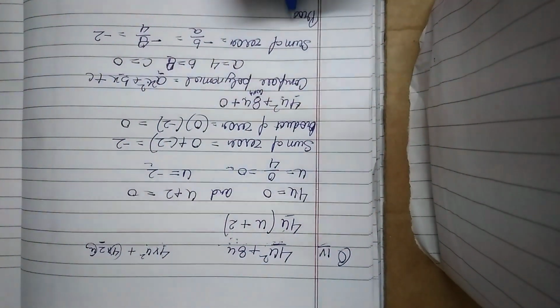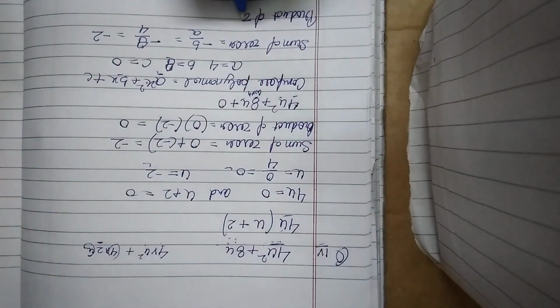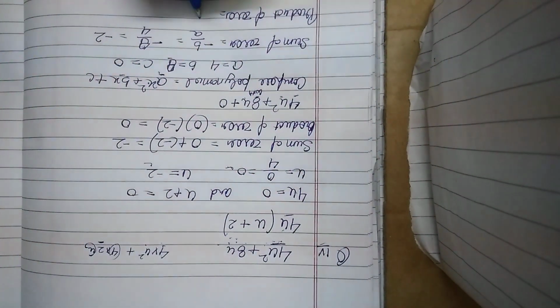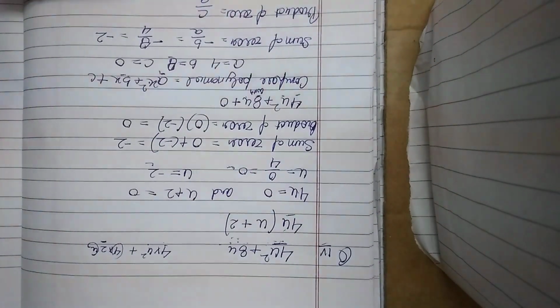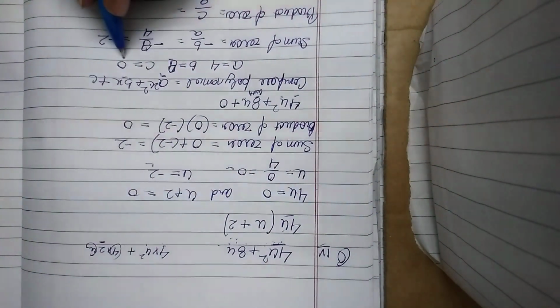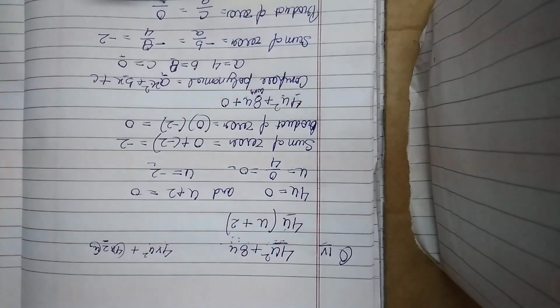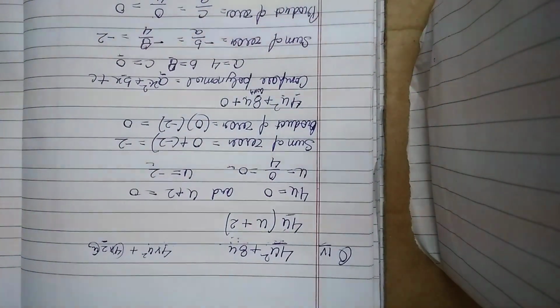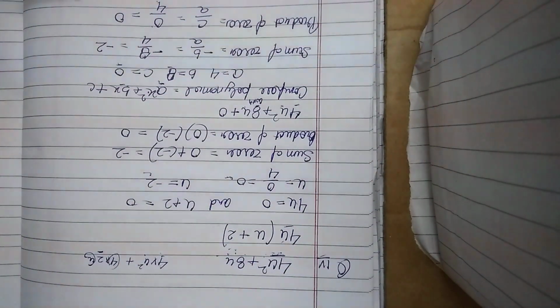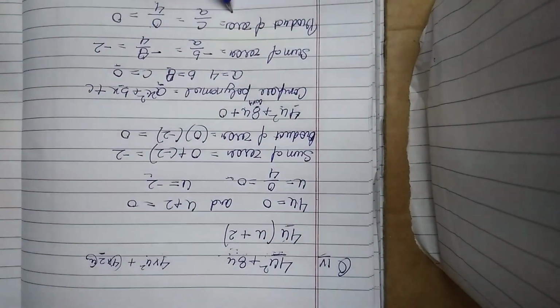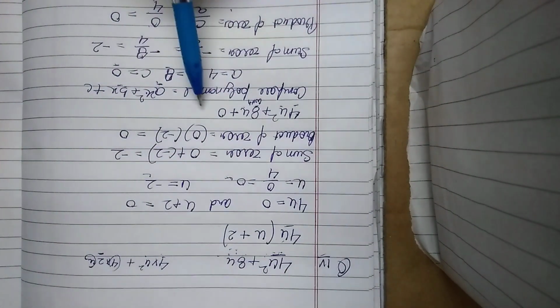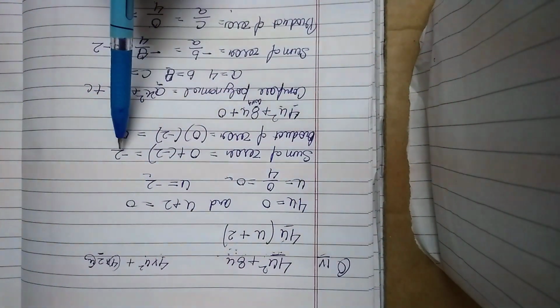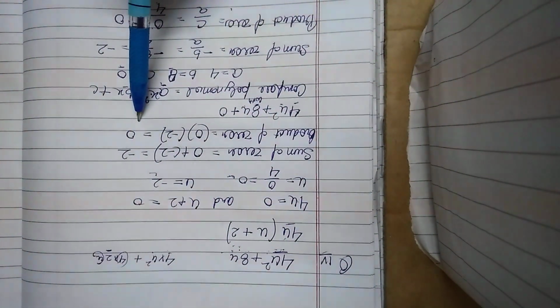Now find the product of zeros. We know the formula C upon A. Here C is 0. 0 upon 4, 0 upon something is 0. Now with the help of coefficients, we find the sum of zeros and product of zeros, and with the help of zeros we also find the sum of zeros and product of zeros.